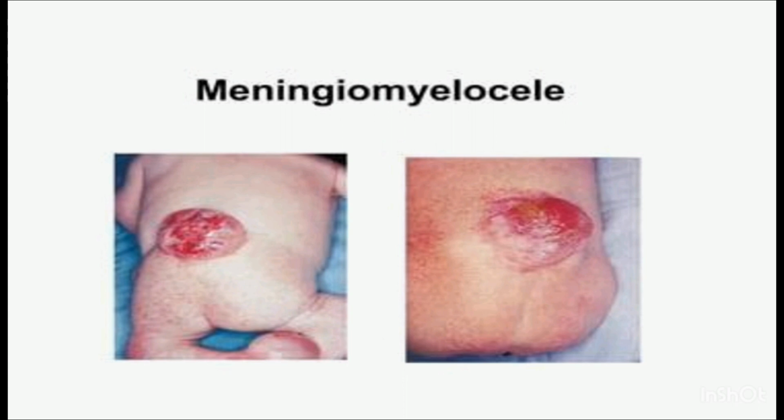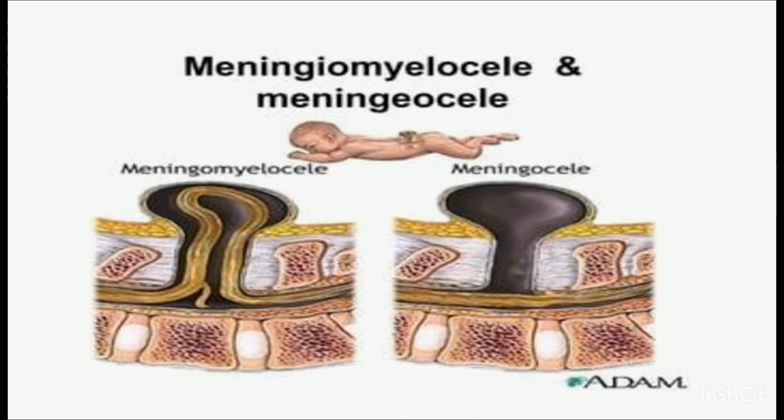Next is meningomyelocele. It is also called a common open neural tube defect. It is characterized by failure of the neural tube to close in the lumbosacral region. As you can identify with the figure, the difference between the meningocele and meningomyelocele.